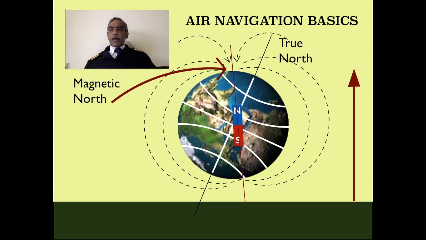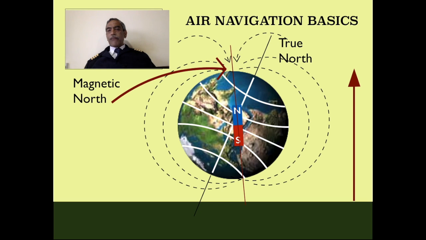So here we are going to make use of something called the magnetic north, and because of its properties, mass distribution, and so many other factors, the magnetic north doesn't coincide with the true north. It is in a position which is shifted away from the true north.